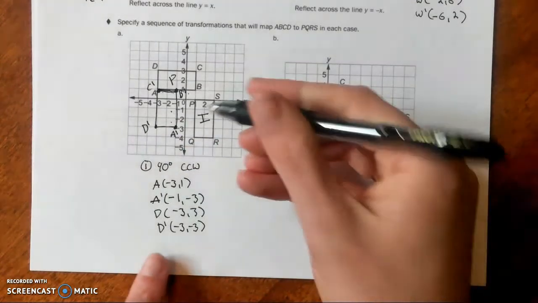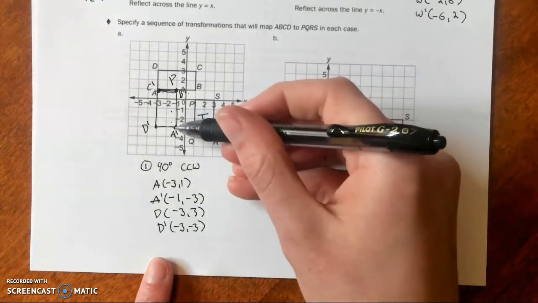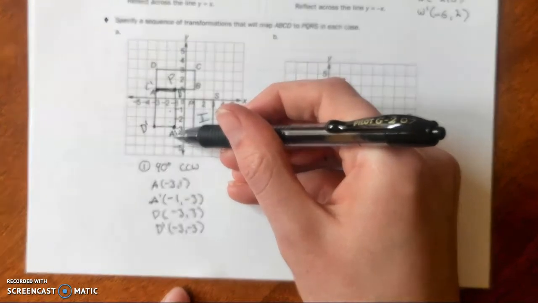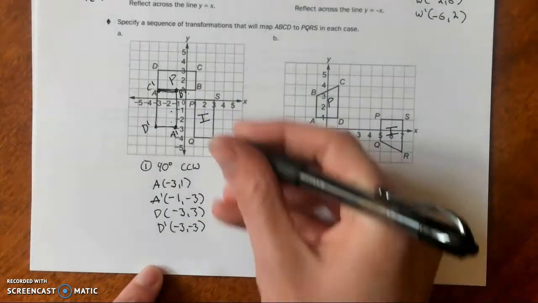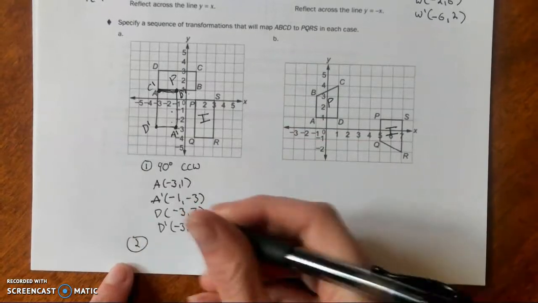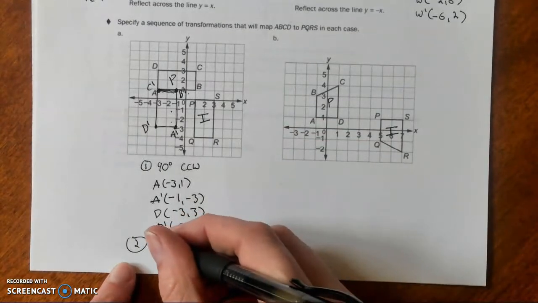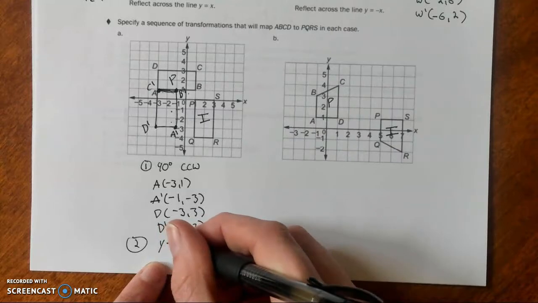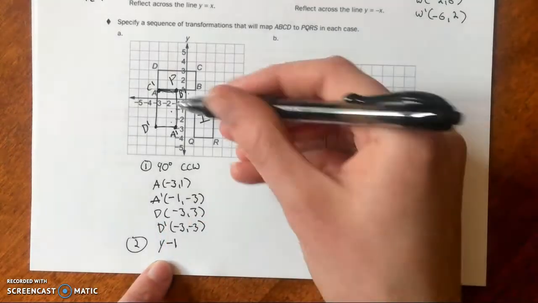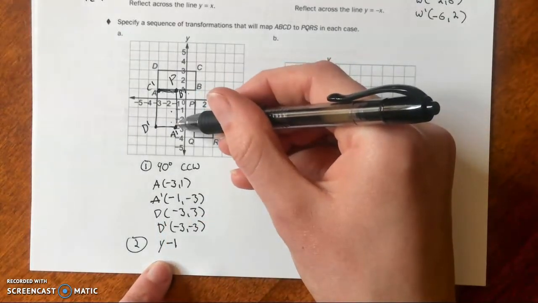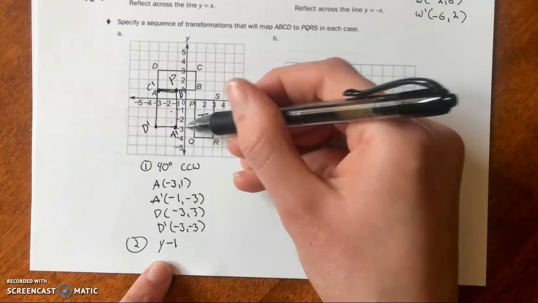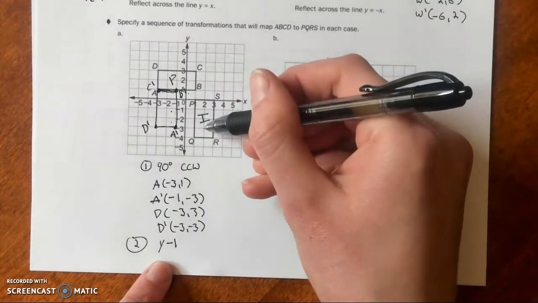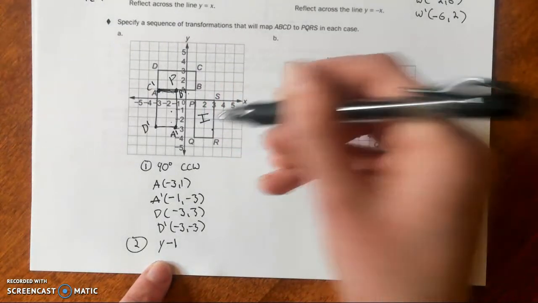Okay, so hopefully you saw that this rectangle actually moves down 1. So in the y direction, it moves down 1, y minus 1. And then in the x direction, it moves over 1, 2, 3, 4.